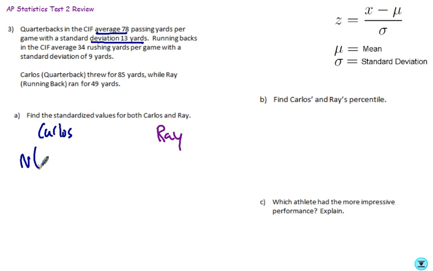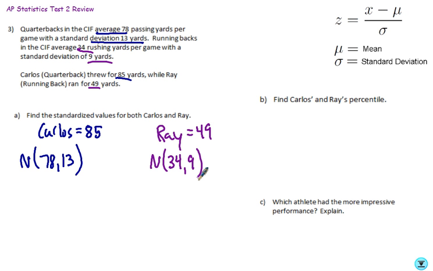Remember, our notation here is an average of 78 and a standard deviation of 13. And what did Carlos do? Carlos threw for 85. Let's talk about Ray. Ray ran for 49, and the average here is 34 with a standard deviation of 9.